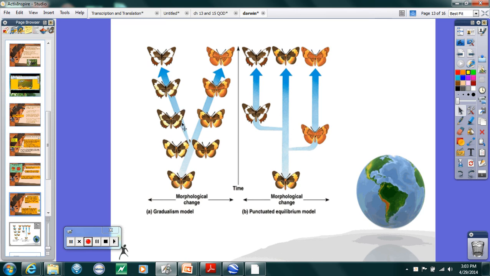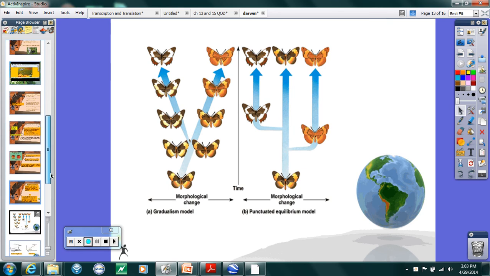So you can see this is a gradual change, a gradual speciation where these 2 separated, where you have these different ones where there was some type of environmental change that happened here that resulted in this, versus another environmental change that resulted in this.